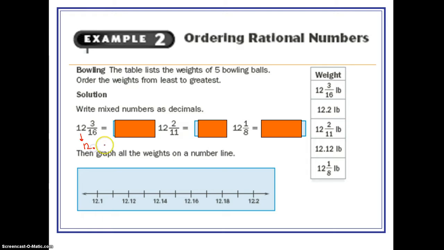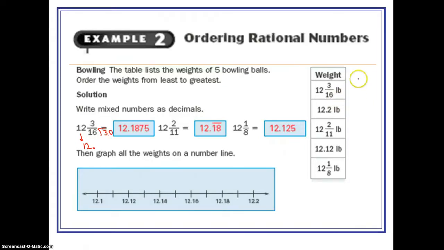Then you have a decimal point, and now you can take 16 into 3 and so on, which is going to be 12.1875. Or you can say 12 and 1,875 10,000ths. And then 12 and 2 11ths becomes 12 and 18 hundredths repeating. 12 and 1/8 is 12 and 125 thousandths.